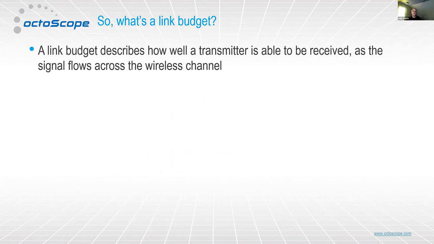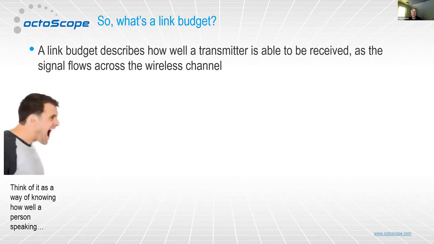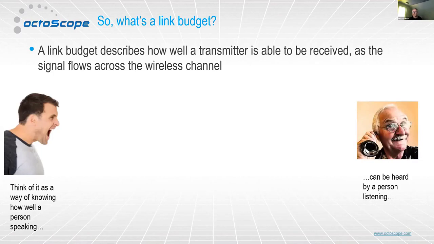So what's a link budget? A link budget describes how well a transmitter is able to be received as the signal flows across the wireless channel. At a high level, we can think of it as a person speaking, that's the transmitter, and another person listening, that's the receiver.